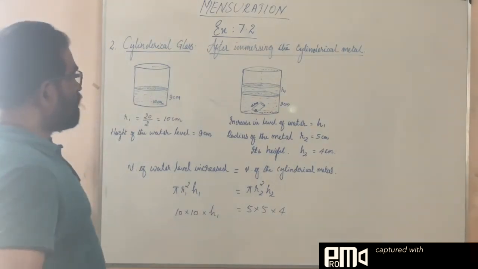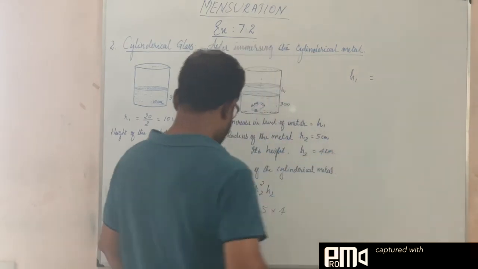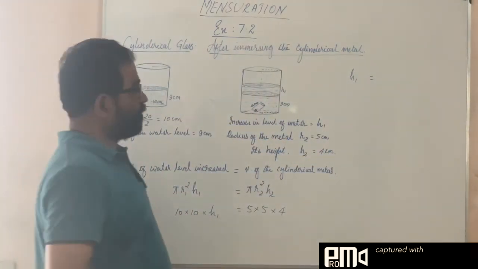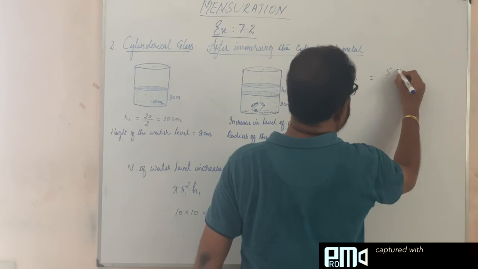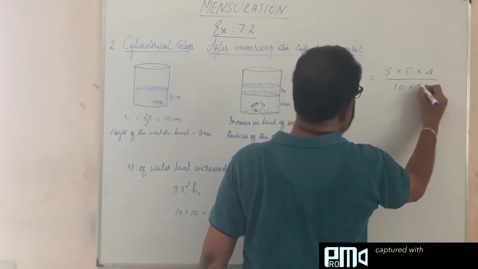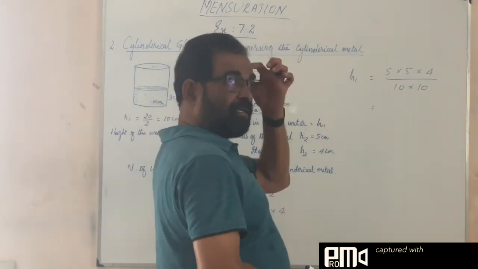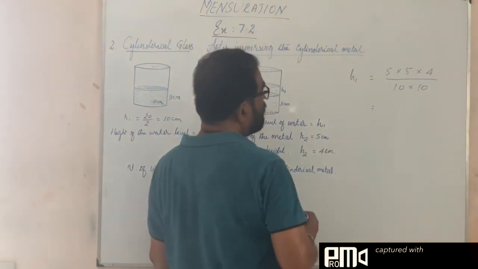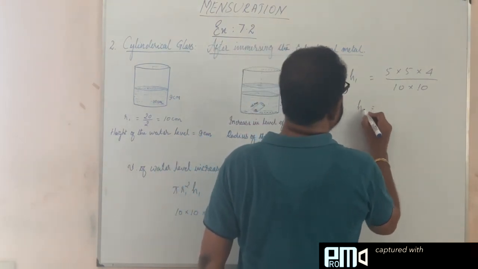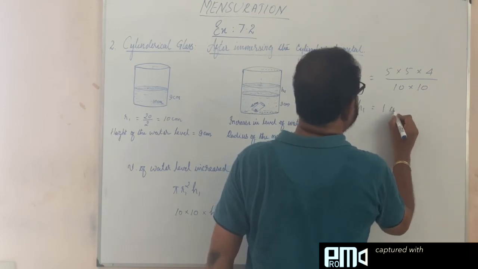So H1 is equal to, taking the 10 into 10 to that side, 5 into 5 into 4 divided by 10 into 10. You can say that the numerator is 100, the denominator is also 100, 100 divided by 100 is 1. So H1 is equal to 1 centimeter.